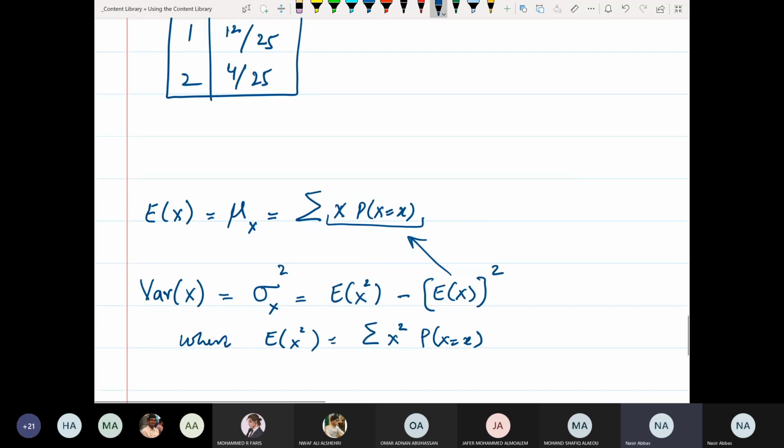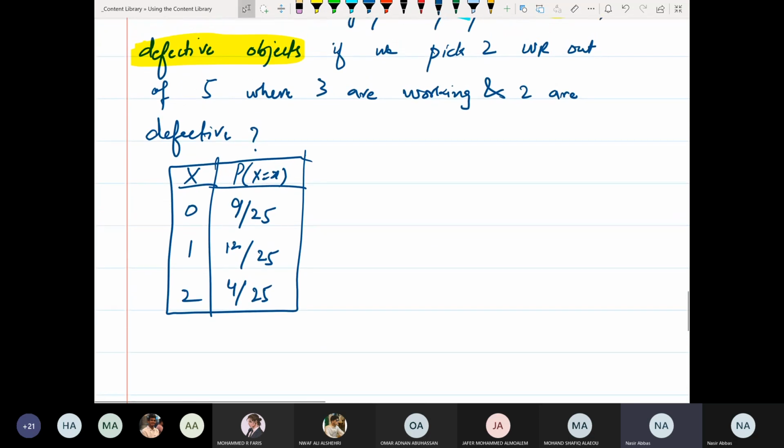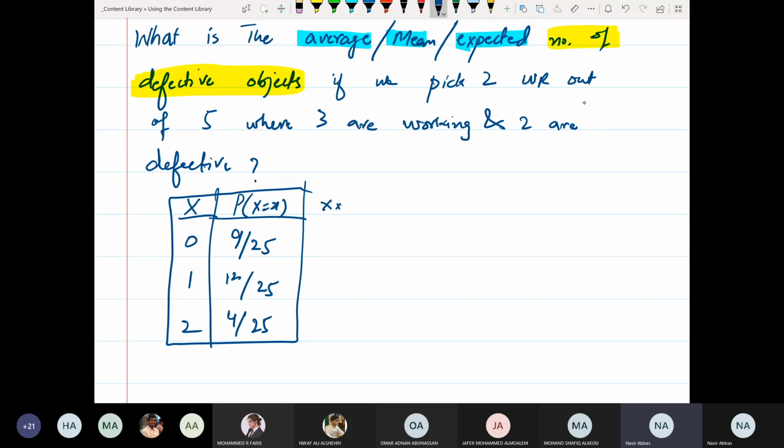So let us try to find the mean here. For the mean, we need a new column. We multiply these two, x multiplied by p of x equals x. So that will give me 0 multiplied by 9/25, that is 0. 1 multiplied by 12/25 is 12/25, and 2 multiplied by 4/25 is 8/25.